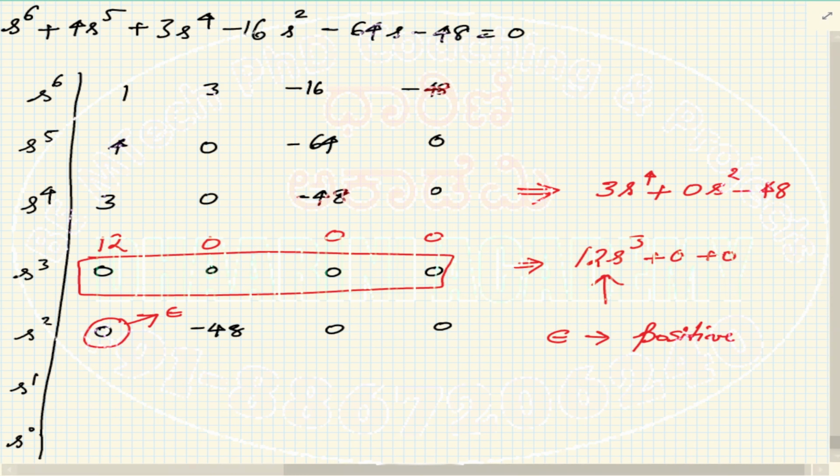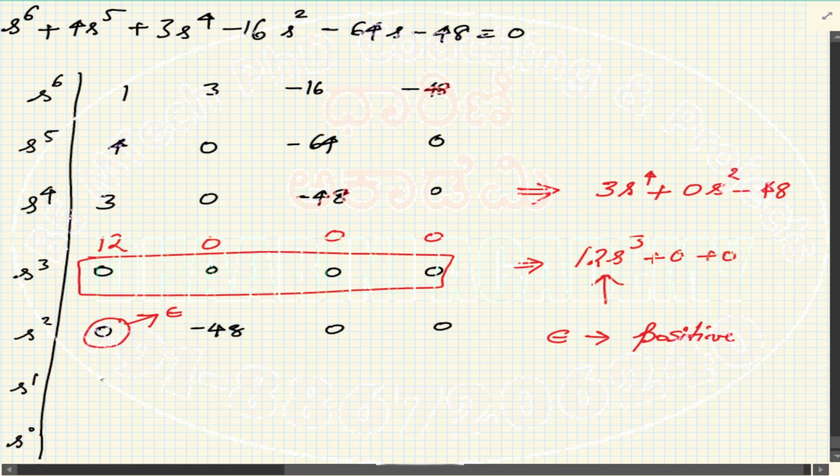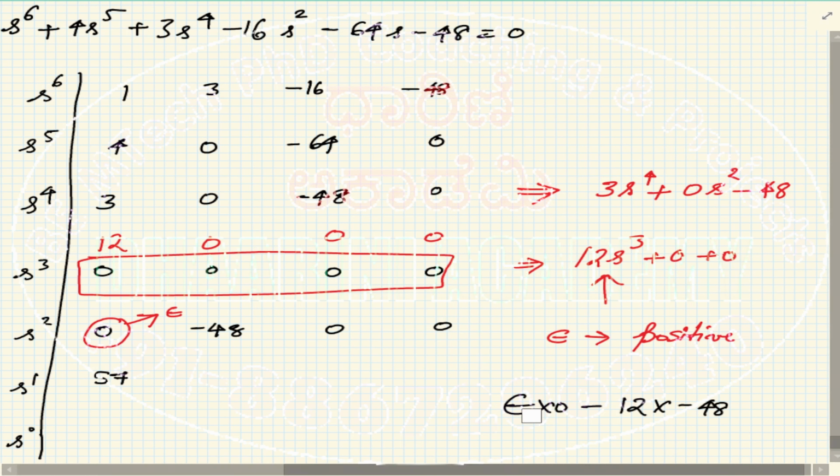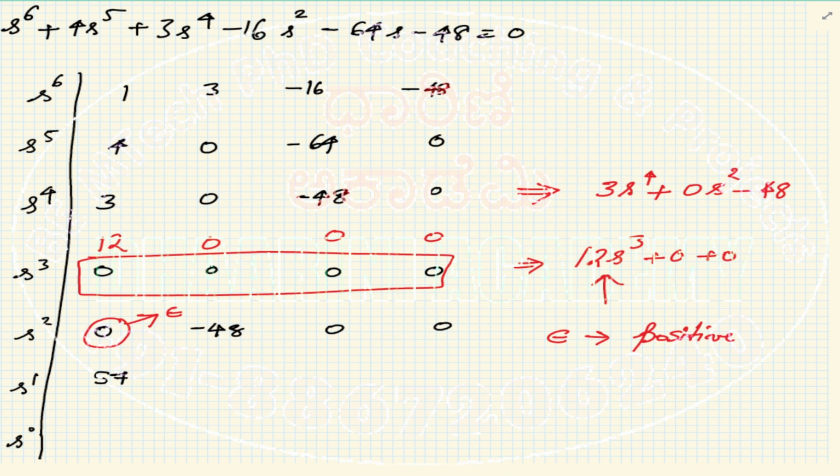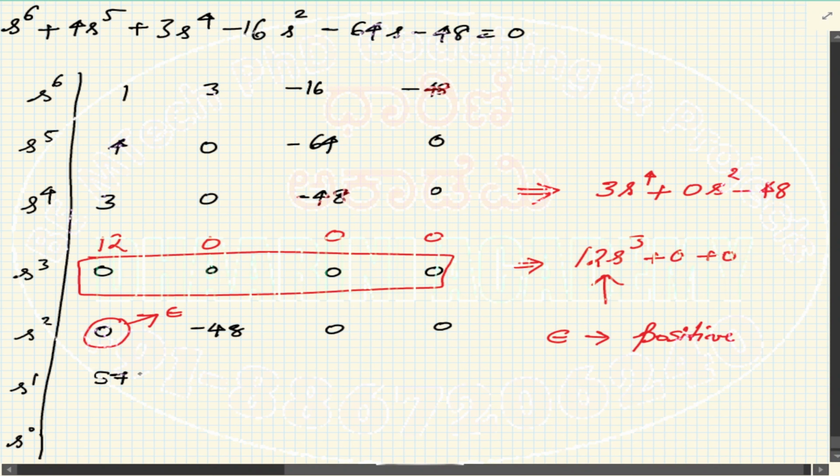Just check. So this is not minus 12. It's actually epsilon into 0 minus 12 into minus 48, right? Because of that, we get a negative quantity becoming positive now, right? So this is 576 by epsilon, okay? 0, 0, all right.